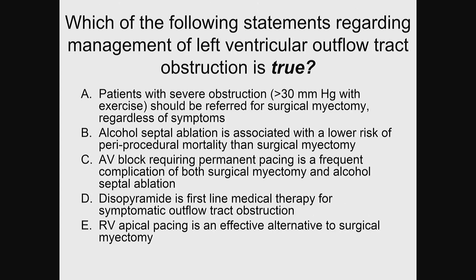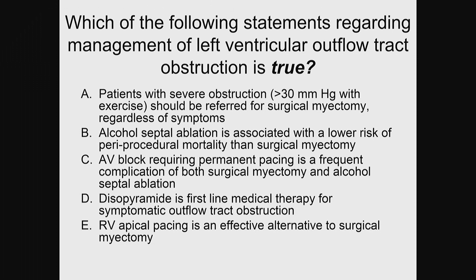Which of the following statements regarding management of left ventricular outflow tract obstruction is true? Is it A, patients with severe obstruction in excess of 30 millimeters of mercury with exercise should be referred for surgical myectomy regardless of symptoms? Is it B, alcohol septal ablation is associated with a lower risk of peri-procedural mortality than surgical myectomy? Is it C, AV block requiring permanent pacing is a frequent complication of both surgical myectomy and alcohol septal ablation?